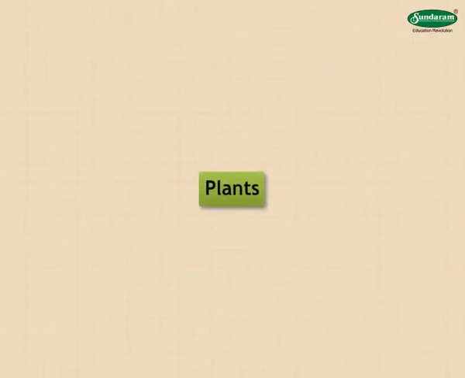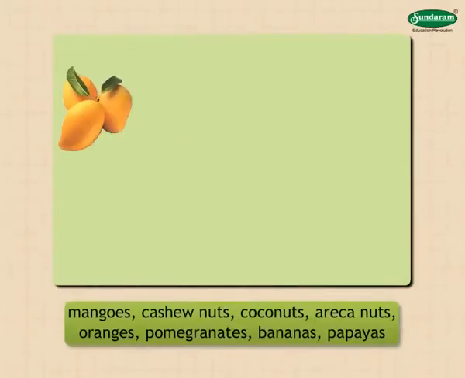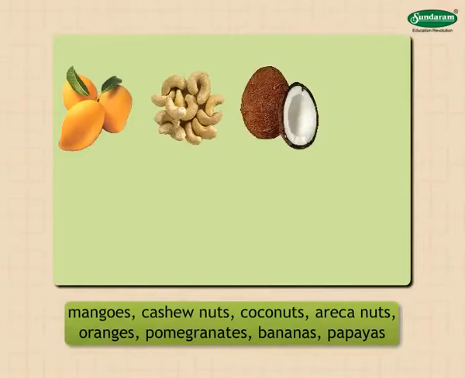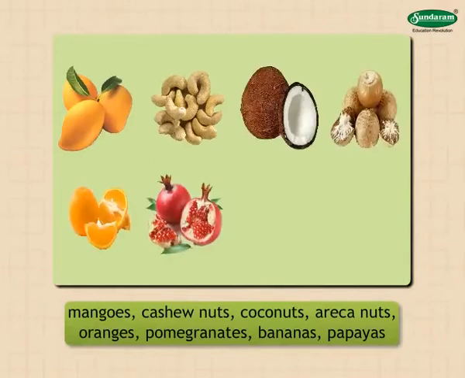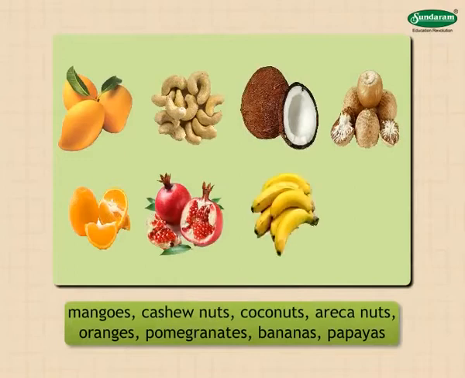Plants. In some regions, mangoes, cashew nuts, coconuts, areca nuts, oranges, pomegranates, bananas, papayas are grown on a large scale. The income of people living in such regions depends on these trees.